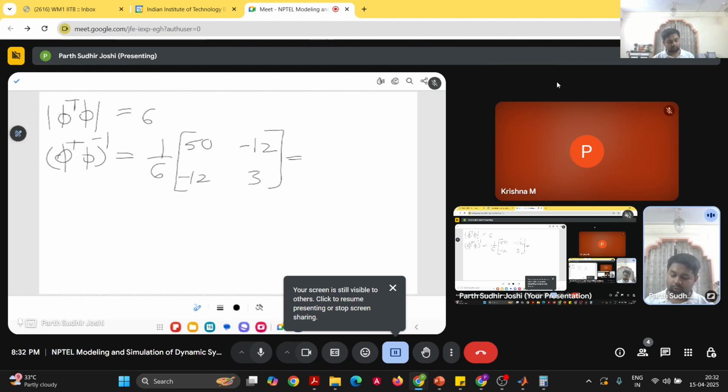So the transpose of this matrix will be the same because the diagonal elements are equal.